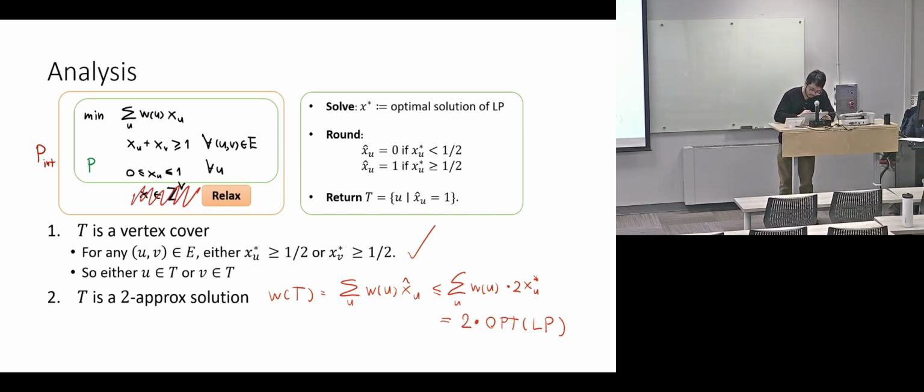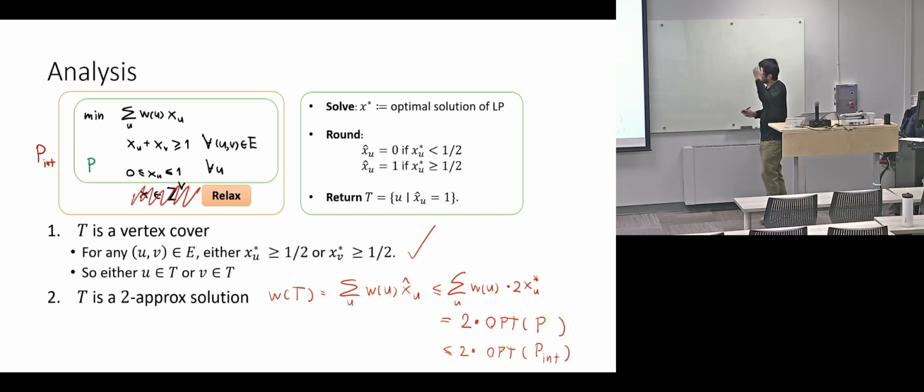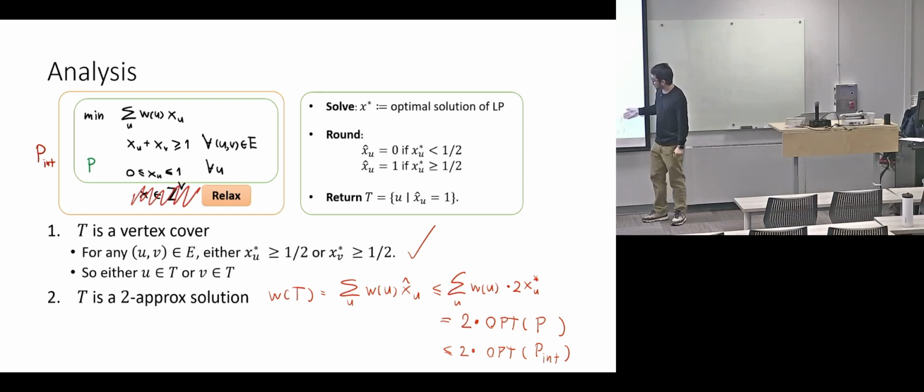Okay. But the optimal value of the LP is going to be at most the optimal value of the IP, let's call it P int. So the optimal solution of the LP is at most the optimal solution of the IP, because this is a relaxation, right?